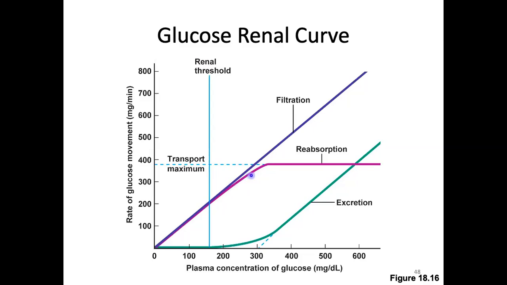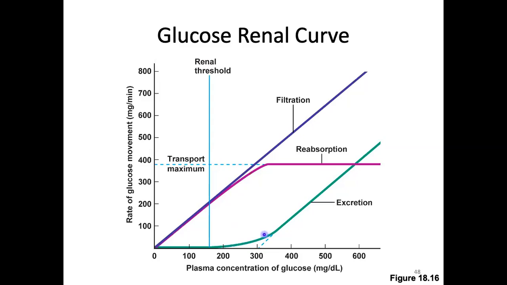And if you're not reabsorbing it, what are you doing with that glucose? You're kicking it out, excreting it, right? Around 180 is your renal threshold. That's when you stop reabsorbing, or start to decrease reabsorption, and start to kick out glucose in the urine.